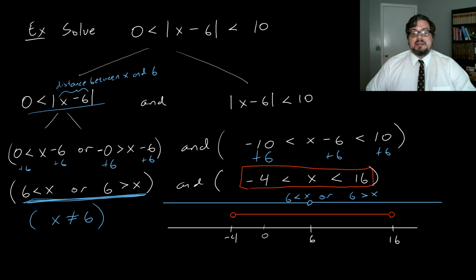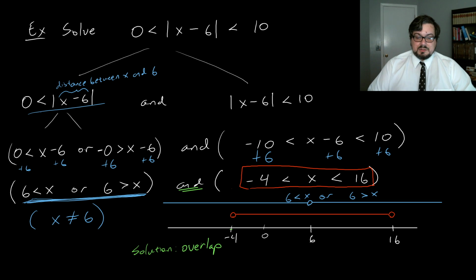And the red contains all of the points that satisfy the second of the original inequalities. Because we have and as the connector between them, the solution set is going to be all the numbers that lie in both the blue set and the red set together. So the solution is the overlap of the two sets.